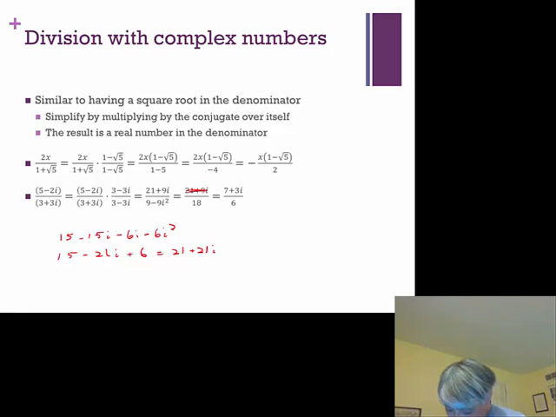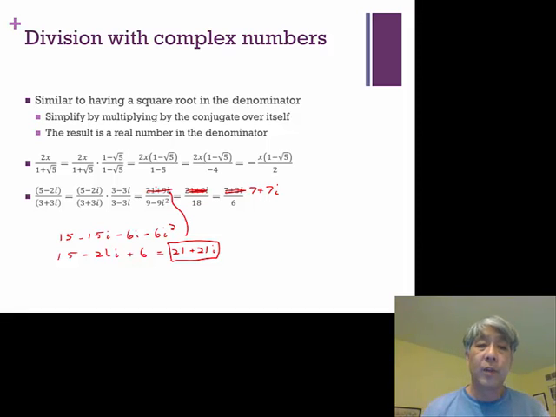Not 21 plus 9i, but I still can take out a 3, so this one then would become 7 plus 7i. So sorry about that.